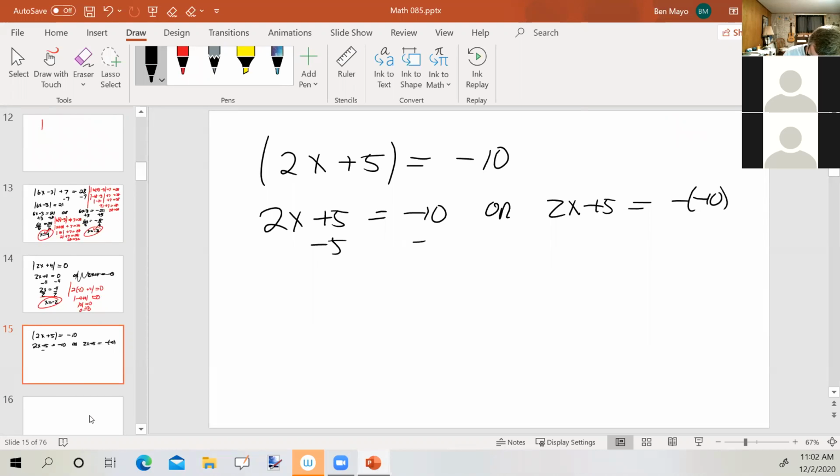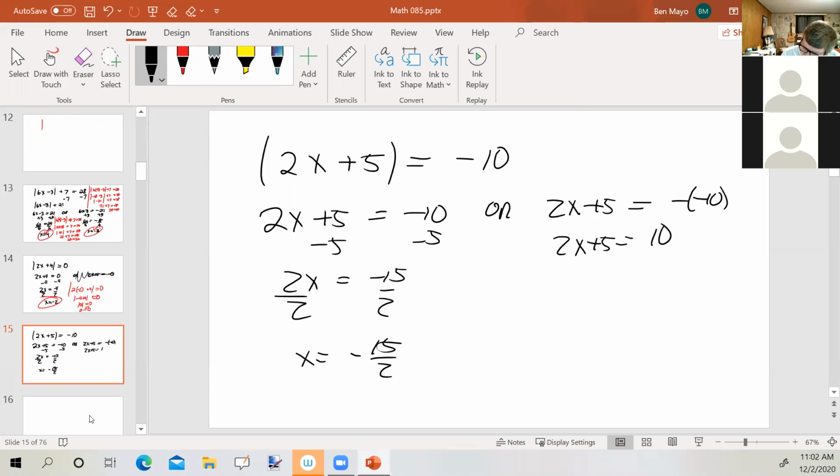Here, we would subtract 5 and we get 2x equals -15, or x equals -15 halves. Over here, we'd get 2x plus 5 equals the opposite of -10, which is 10. Subtract 5, 2x equals 5, divide by 2, x equals 5 halves. So we have two potential solutions.